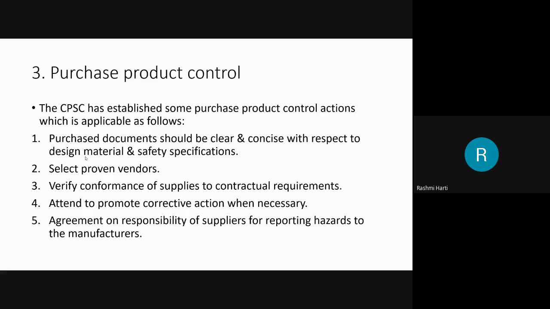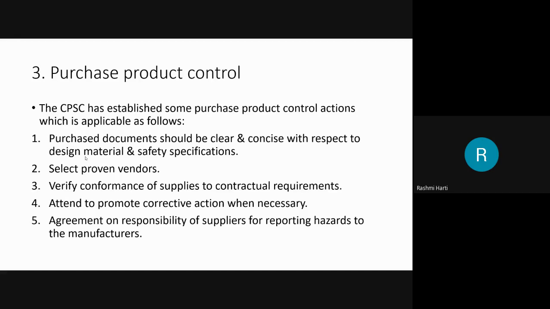Apart from that, select proven vendors. For example, we use ISI marks for certain products when purchasing them. That's what we call proven or certified vendors. Then verify conformance of supplies to contractual requirements, and promote corrective actions when necessary.